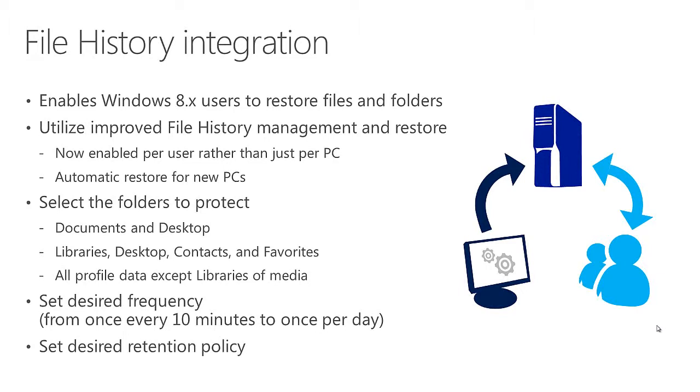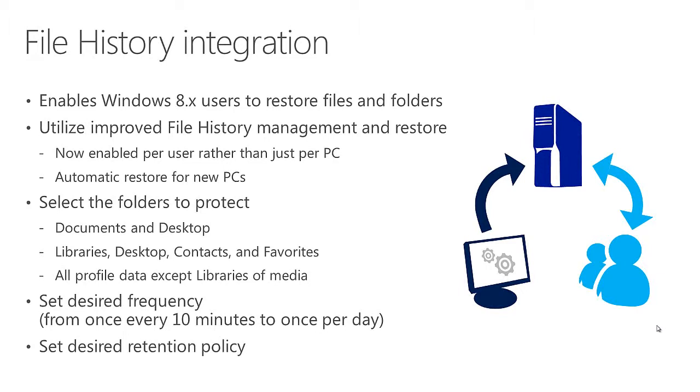The Essentials server then acts as just the central repository where all the file history data can be stored. So you can think of this as a complementary feature to the client PC backup. It's nice because the end user themselves can go back to a previous version without administrative assistance.